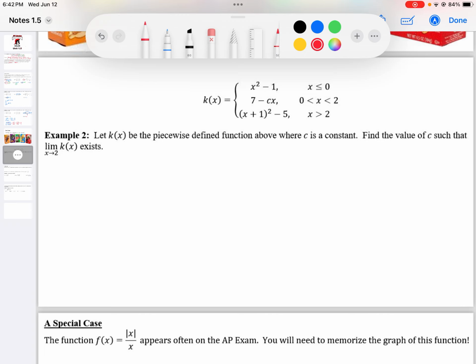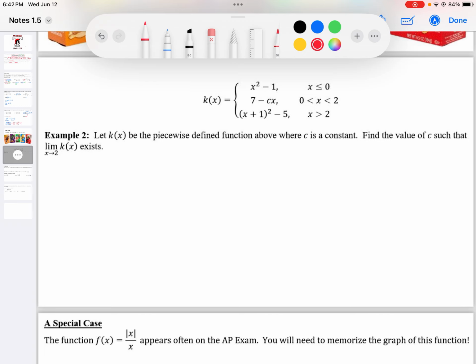It says, let k of x be the piecewise defined function above where c is a constant. Find the value of c such that the limit as x approaches 2 of k of x exists. So find the value of c so that the limit exists as x approaches 2.